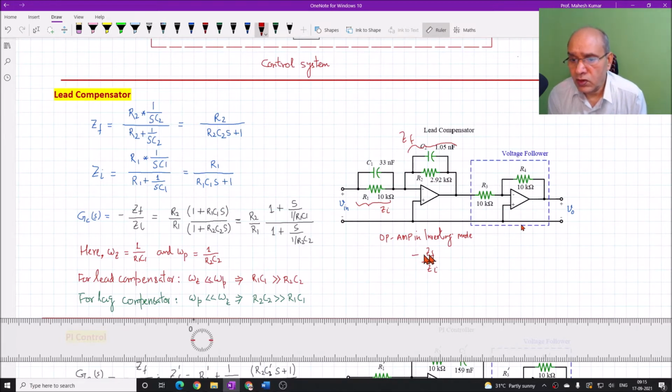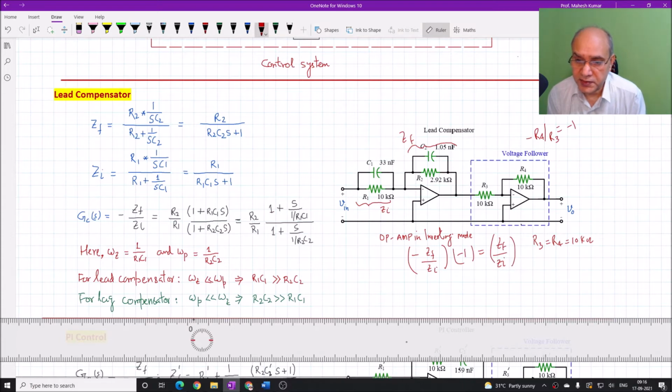Okay, so the whole this into minus becomes ZF by ZI, where R3 equal to R4 we can take around 10 kilo ohms, so that the gain of this is minus R4 by R3. This is the gain of the voltage follower. So this is equal to -1. So the whole thing into minus becomes a positive gain, ZF by ZI.